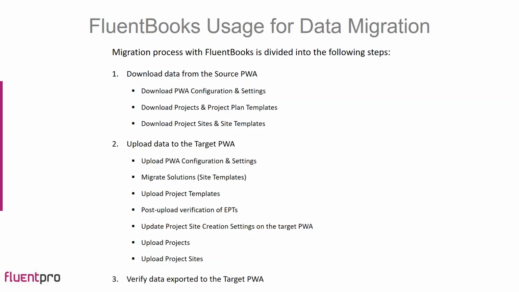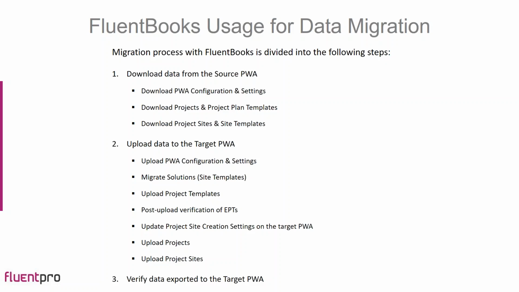These are three separate wizards, but what I would like to mention here, download process can be done in parallel. Basically, if your migration infrastructure allows, you can launch three FluentBooks instances and perform the download of configuration, projects, and project sites in parallel to save the time and to speed up the migration.